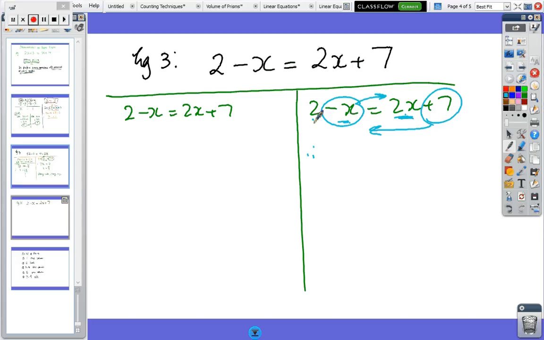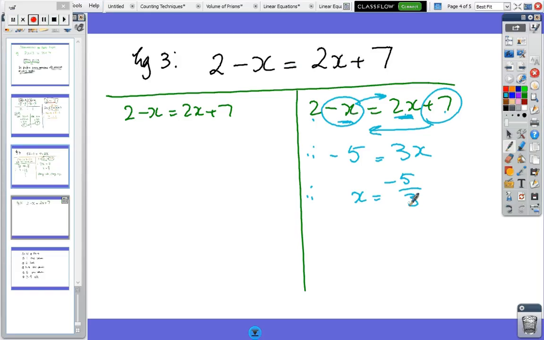And so 2 minus 7 is minus 5. 2x plus x is 3x. And then switch the sign, so x equals minus 5 divided by 3. Because the x has to be normally out the front by itself.